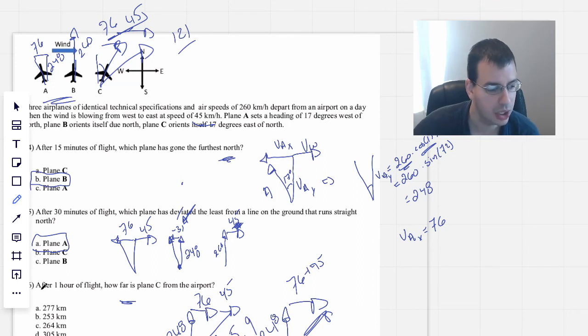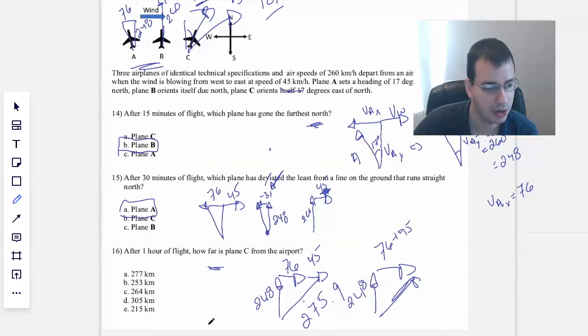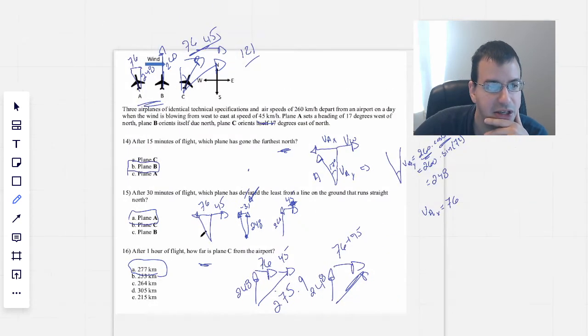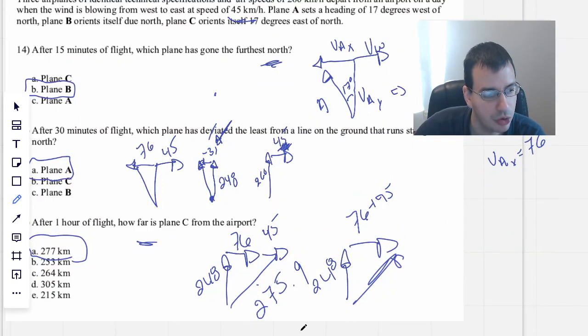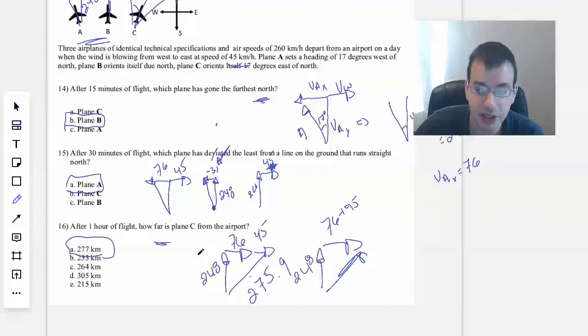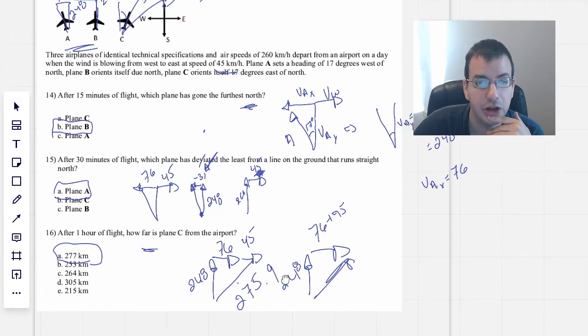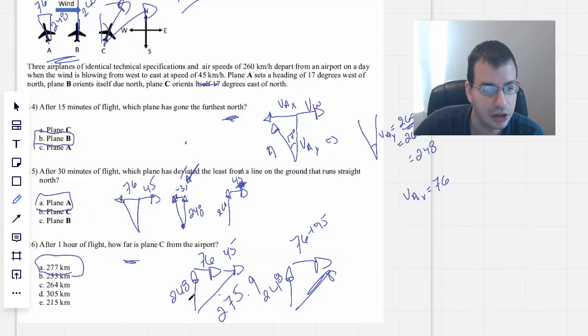275.9, which is right about 277. Does that seem reasonable? That does seem reasonable. Okay, so let's think about this for a second. After a 1 hour flight, we're basically multiplying 1 by its speed in kilometers. So we have 248 north, then we have 76 east, plus 45 more east.